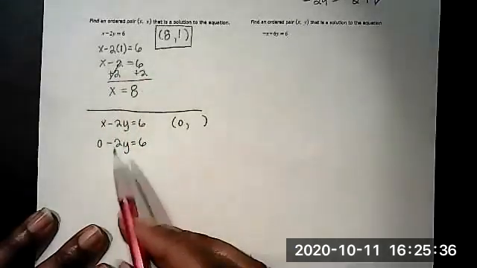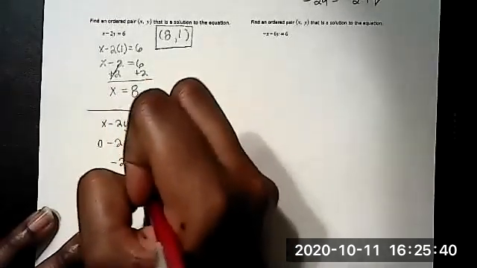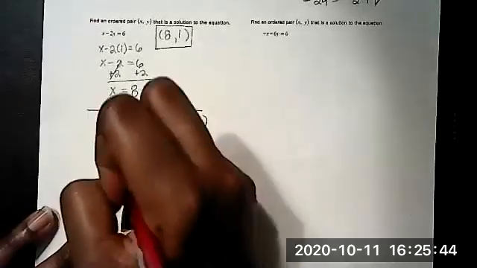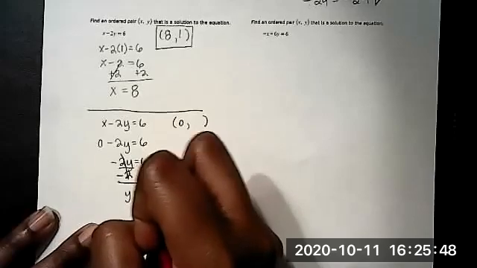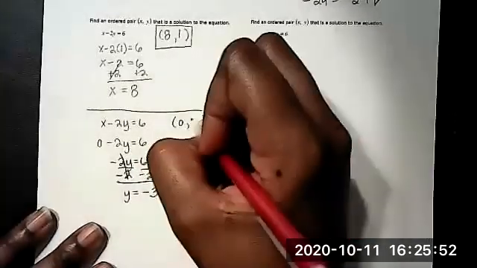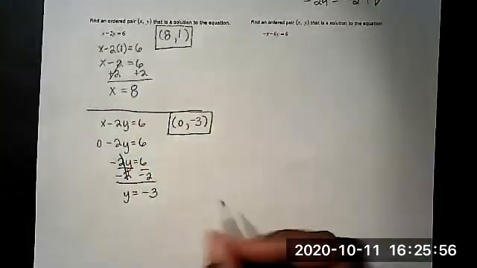The 0 kind of goes away. So I bring negative 2y equals 6 down and divide by negative 2 to get my y value. So y is equal to 6 divided by negative 2, which is negative 3. Okay, so now a point is 0, negative 3.